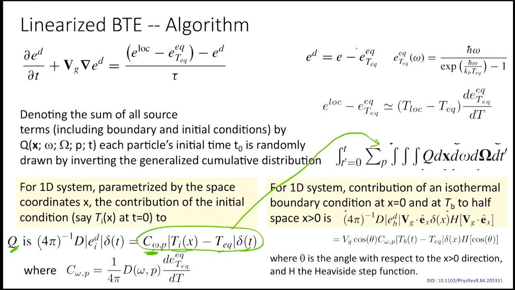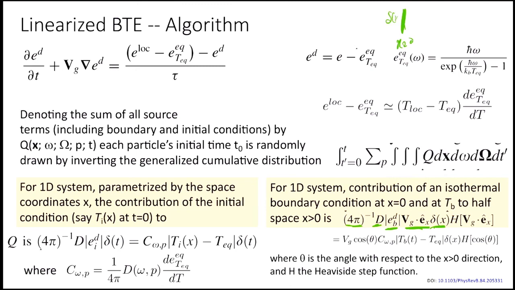Okay, same way, you could do it for the isothermal boundary condition. So for the isothermal boundary condition, the contribution towards the source term would be 1 over 4 pi again, the density of state, but here the deviational particle at the boundary. And the flux is given by this Vg times E, and there is a normal vector we have to take, and the boundary is only at, let's say, delta boundary. So if x equal to 0, we could write it as delta x.